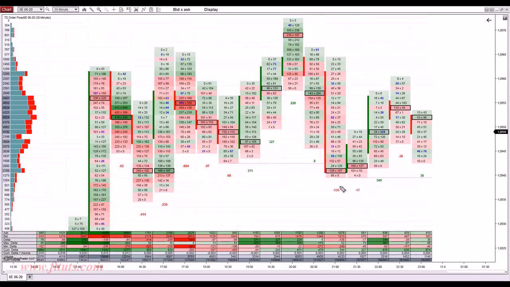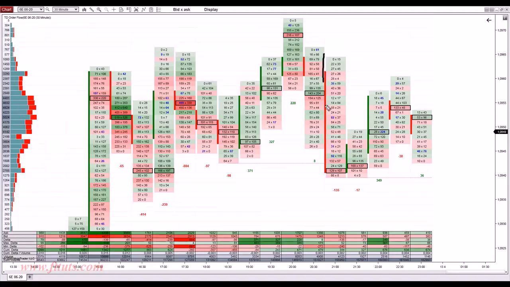Now the numbers below, those numbers, they show delta. You can actually change what they show, but the default setting, which I use, is that they show you delta. And what delta means is that it counts the difference from the bid side and the offer side.